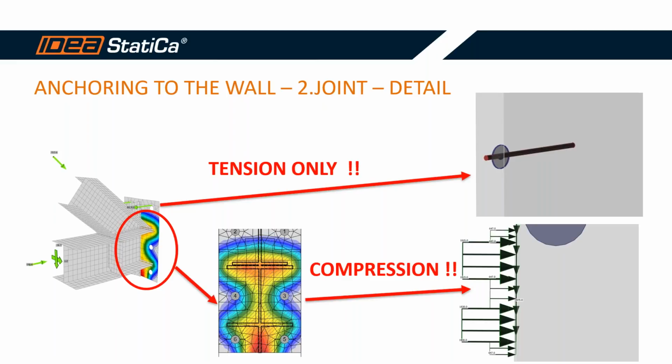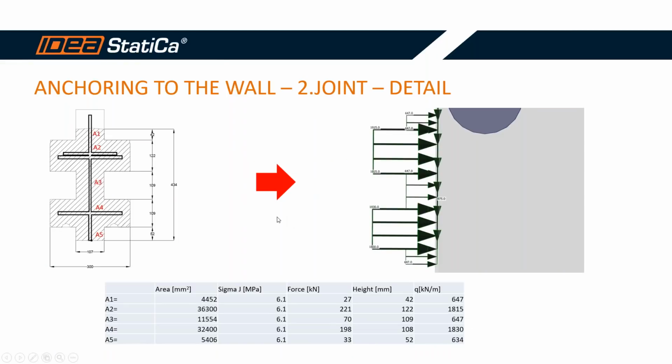So from this application, we can receive some average stress, which here is 6.1 megapascal, and we receive as well some effective area, which can be exported to the DXF.